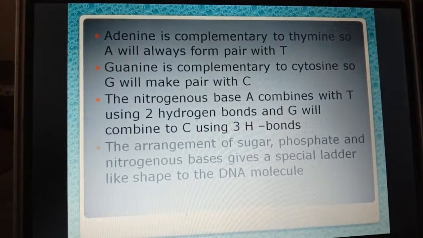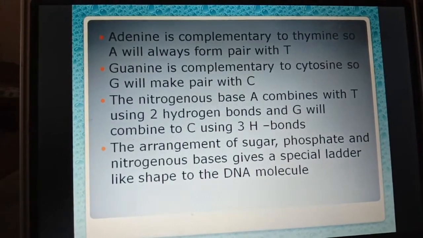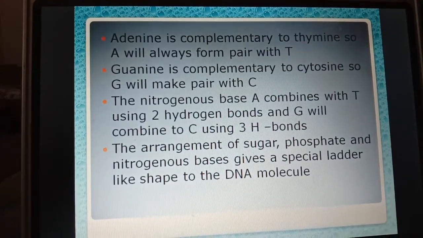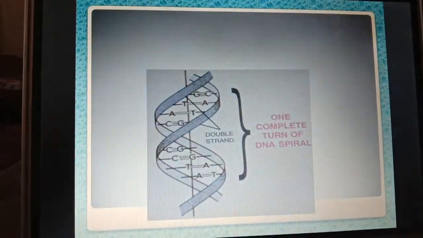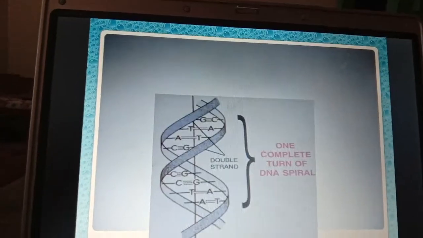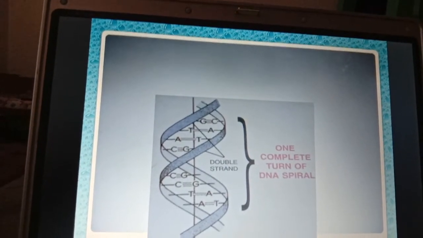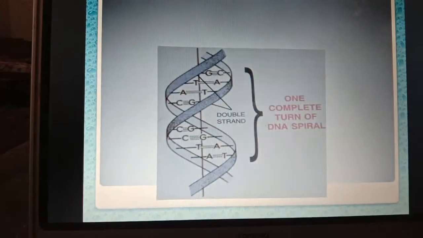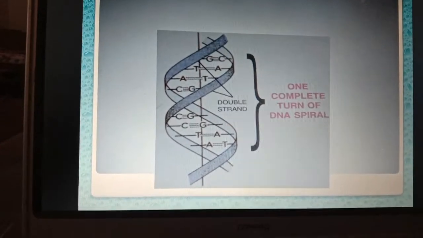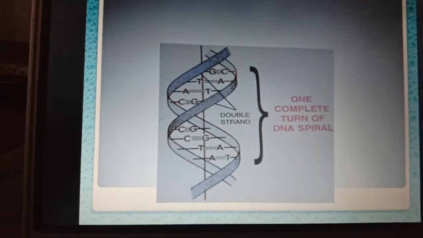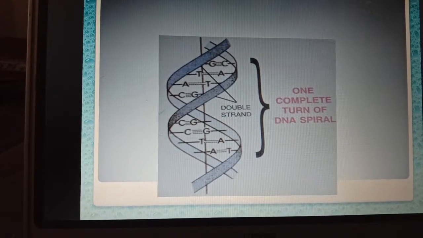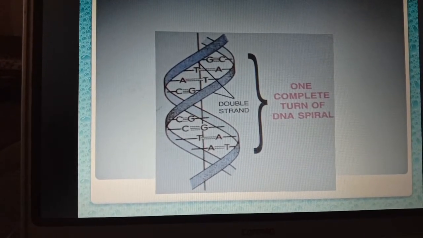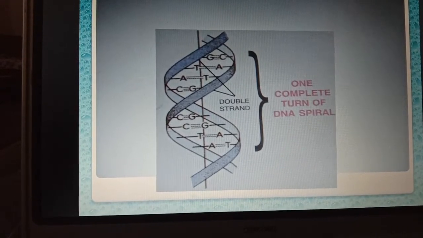The arrangement of sugar, phosphate and nitrogenous base gives a special ladder-like shape to the DNA molecule. You can see here the spirally coiled DNA molecule, a ladder-like structure. You can see the hydrogen bonds form the rungs of the ladder. There are three hydrogen bonds between cytosine and guanine, and two hydrogen bonds between adenine and thymine.